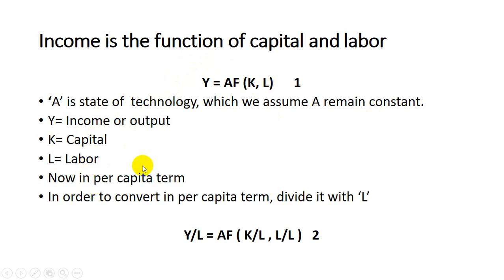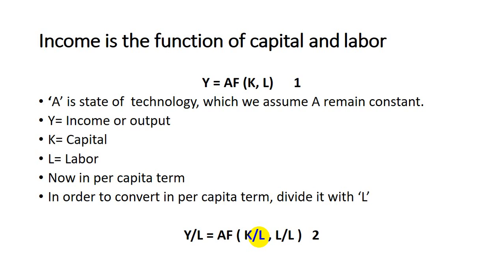Now we have to convert these factors into per capita terms. In order to do that, we have to divide the equation by L. So Y divided by L is output per worker. Then A and F, K divided by L, which means capital per worker, or the capital labor ratio, you can say.